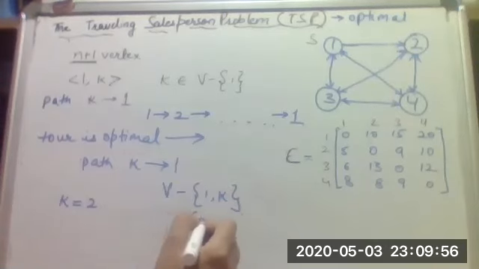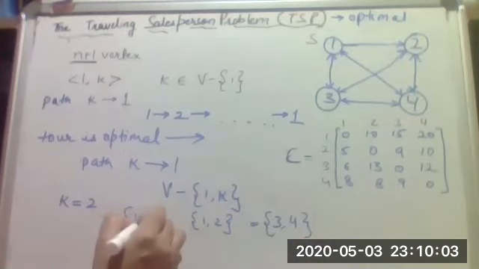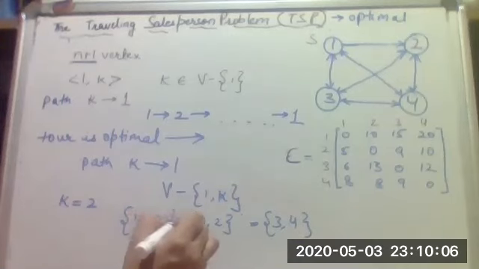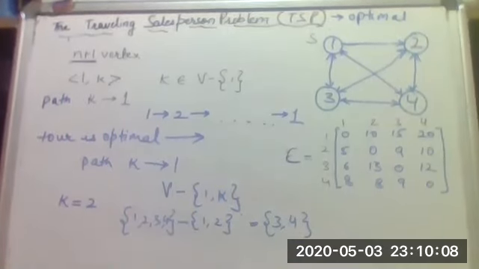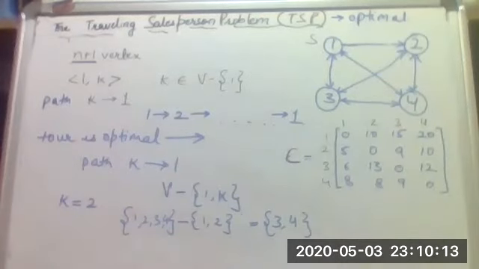So if you remove 1 and 2, what you will get here is vertices 3, 4. Fine. So that means we are going to consider the remaining vertices. So that follows the principle of optimality. Let's now move on to how the principle of optimality with dynamic programming gives you a step-by-step approach to solve the path.